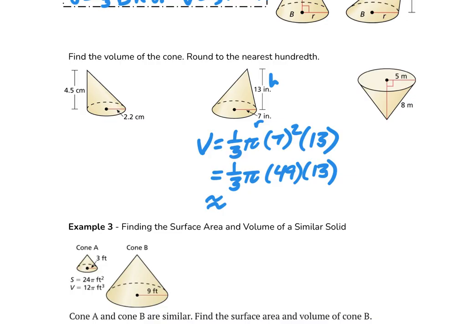Make sure you're practicing putting this into your calculator so you know how to type all of this in. Okay, what do we get? 667. Good. And then we'll label it here. We're talking about volume. On the previous page, we were talking about area, surface area, so we did squared. Here we're talking about volume, so it would be inches cubed for our answer.